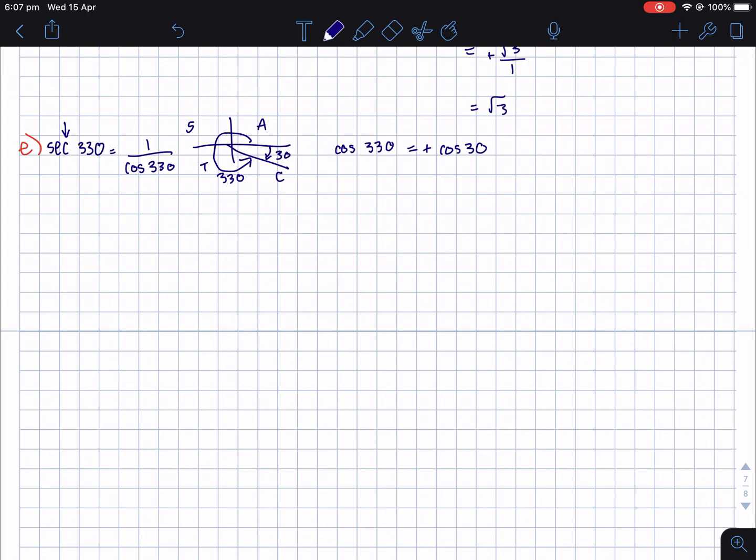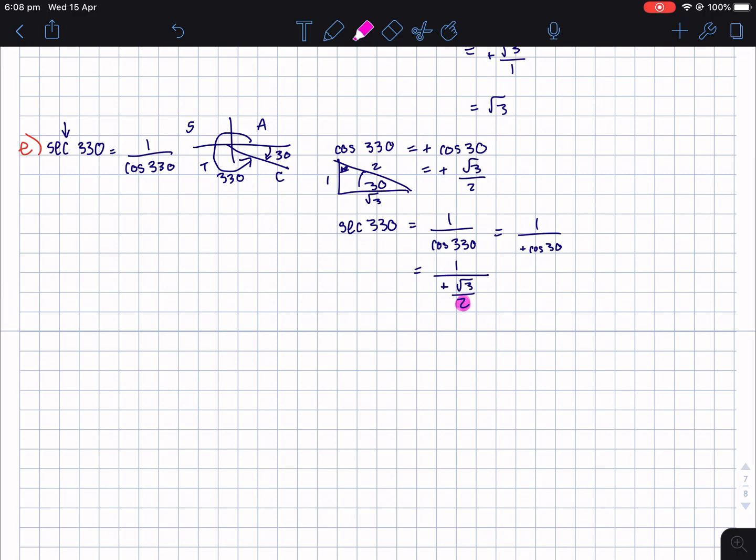Okay, draw our triangle again. 30, 1, 2. And this is 60, so cos 30, adjacent over hypotenuse, root 3 on 2, so we've got positive root 3 on 2, which means sec 330 is 1 over cos 330, which is 1 over positive cos 30, which means we've got 1 over positive root 3 on 2.